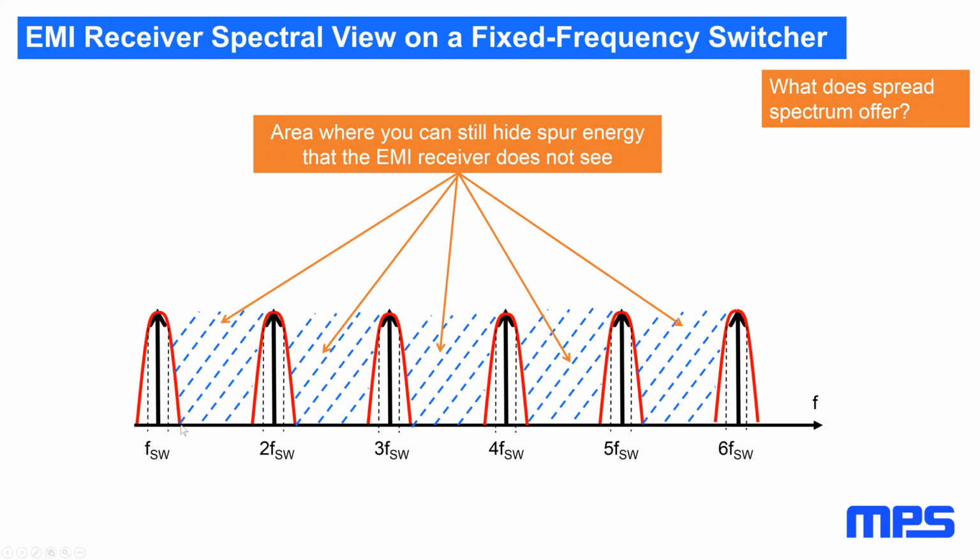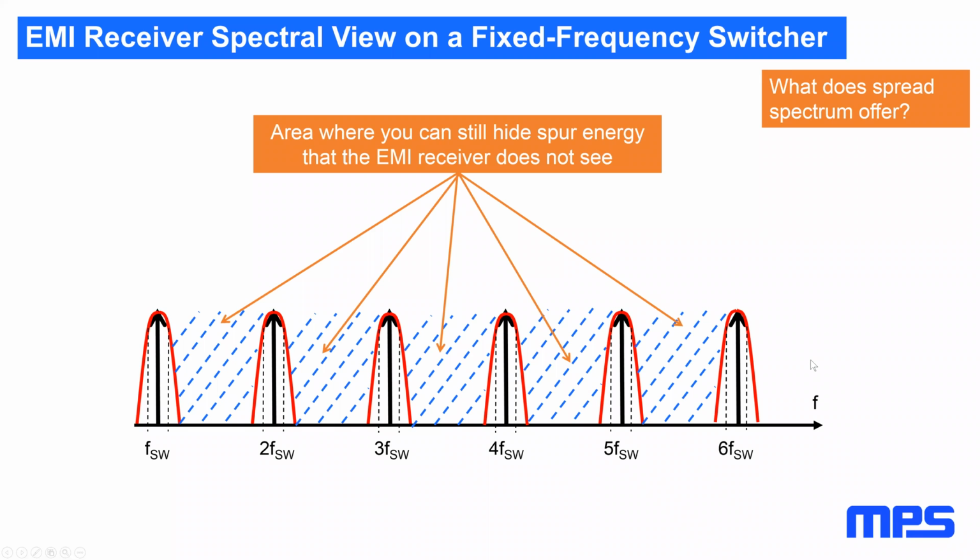The receiver bandwidth convolutes with your comb, which widens the comb by the receiver bandwidth. So depending on where your switching frequency is, there is still empty space where a fixed frequency switcher doesn't make noise, where with spread spectrum you could hide some energy.